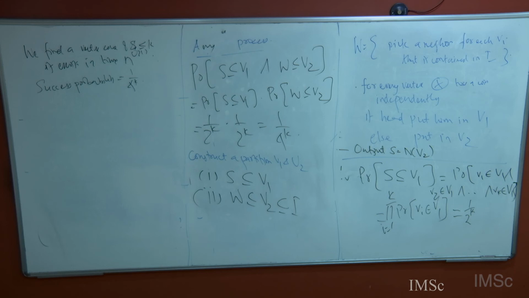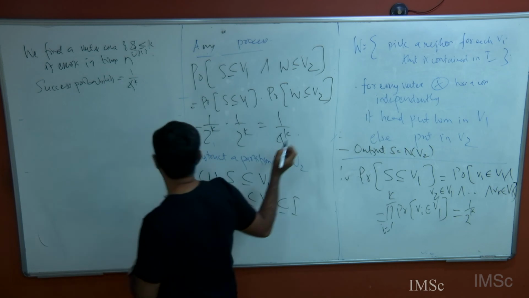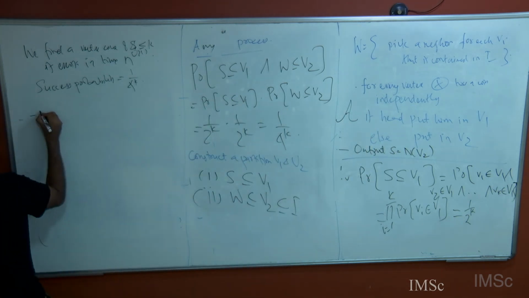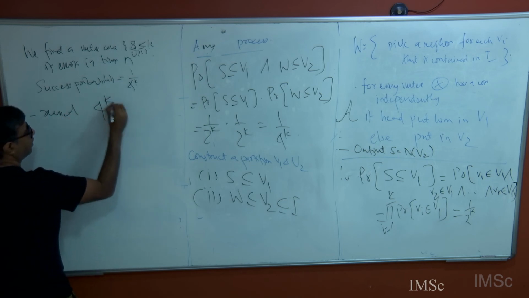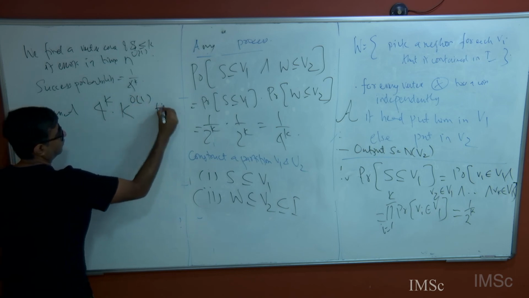So this is an algorithm. I make independent trials. Let's call this algorithm A. Run A, let's say, 4 to the power k times.